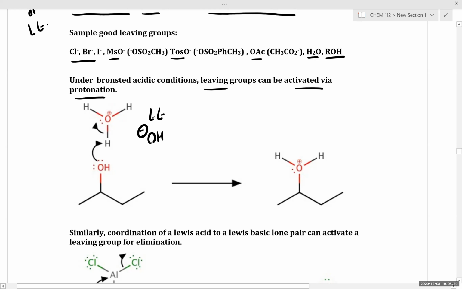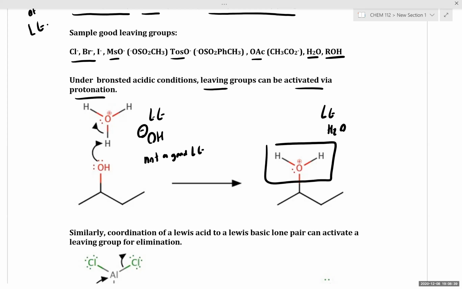Yeah, it's not very good. So it's not a good leaving group. However, if we protonate it, now we have our leaving group as water. Is water a reasonable leaving group? Is water a really bad nucleophile and a really bad base? Yeah, it's not very good at all. So water is a great leaving group.